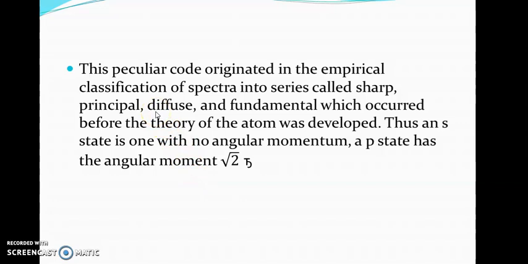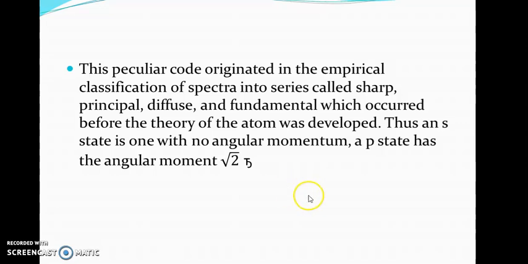So the corresponding angular momentum capital L is equal to root of 2 into 2 plus 1 cross H. That is root of 2 into 3 cross H, root 6 cross H. So the magnitude of the angular momentum of all the states is given by root of L into L plus 1 cross H, where L is the orbital quantum number and capital L is the magnitude of orbital angular momentum.